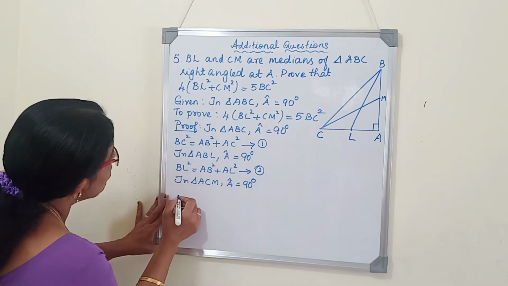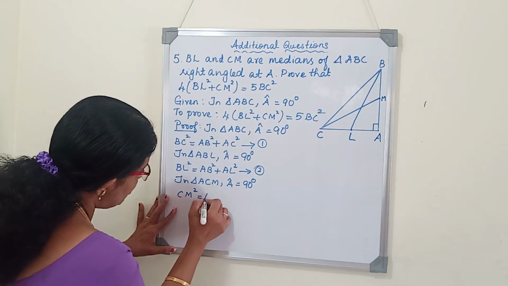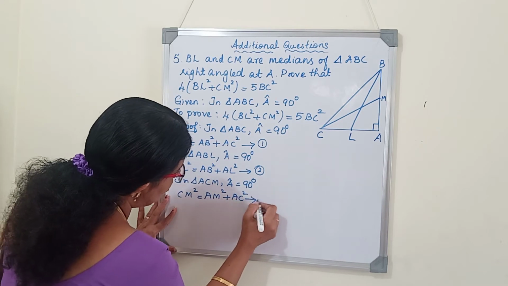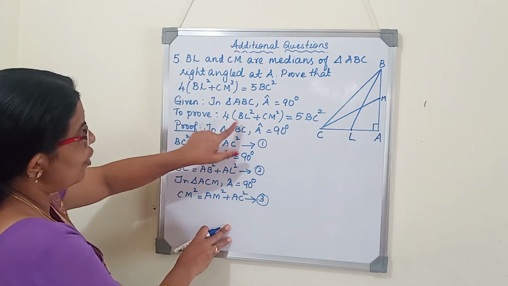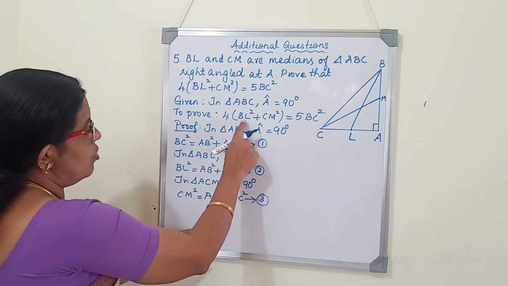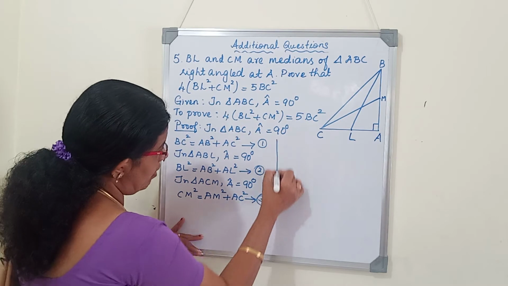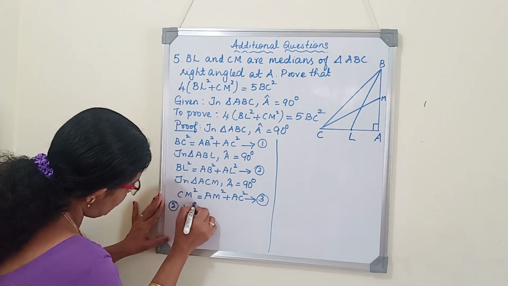CM square is equal to AM square plus AC square. Equation 3, all by the Pythagoras theorem. To get BL square plus CM square, we will add equation 2 and equation 3.